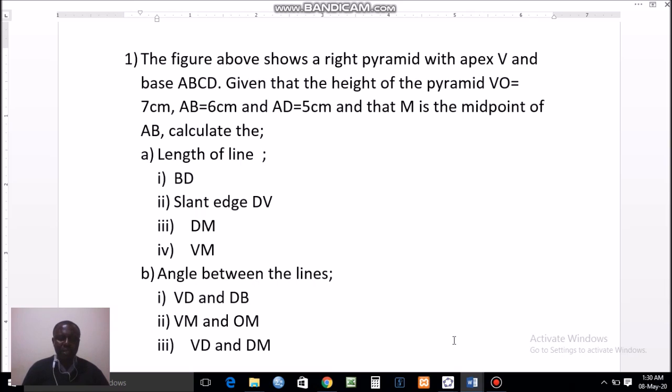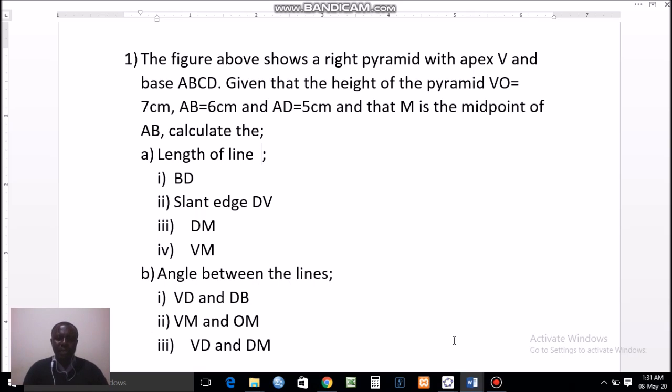Then part B, calculate the angle between the lines VD and DB, VM and OM, VD and DN. You can pause the video as you copy the question.